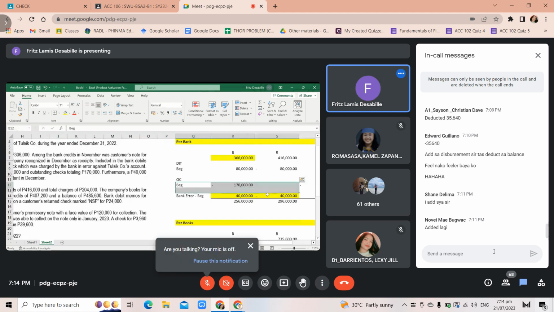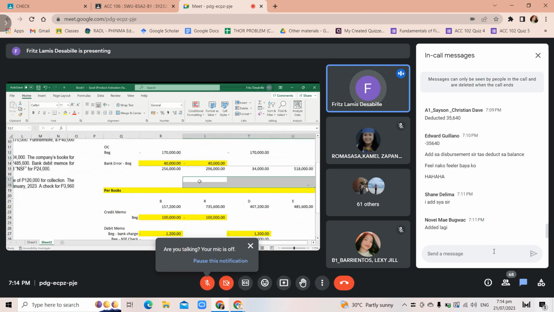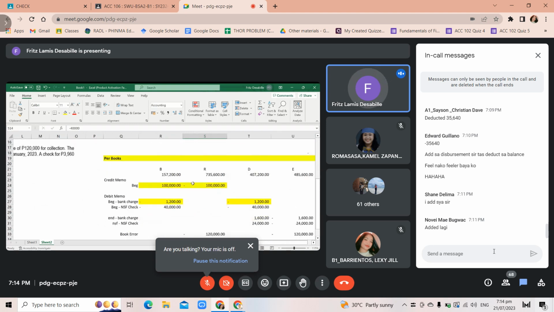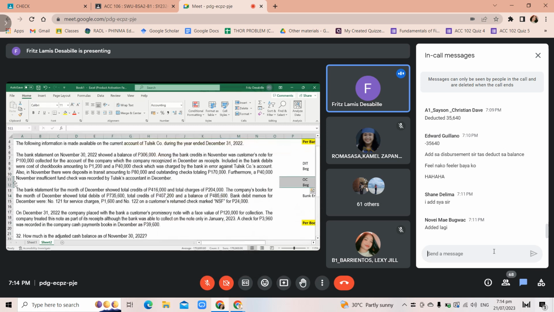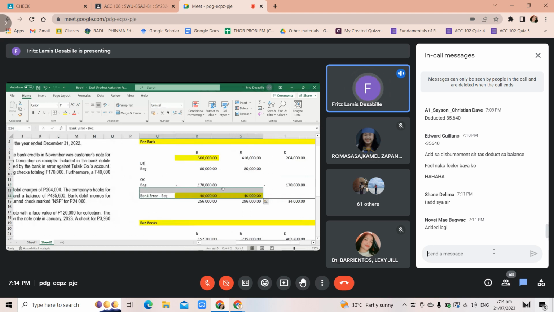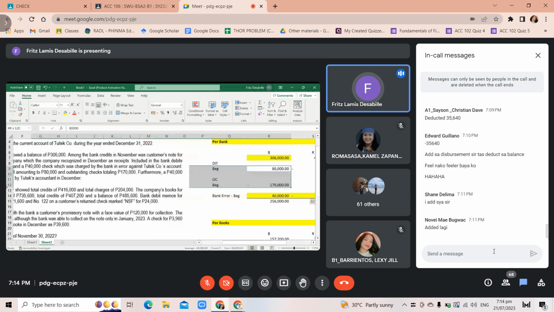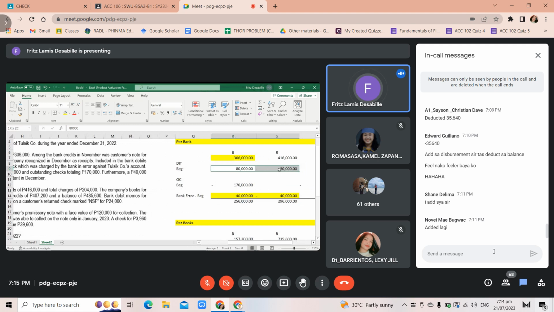I may not need this one. Further, also in November, there were deposits in transit amounting to 80 and outstanding checks of 170. So 80 deposit in transit, correct.